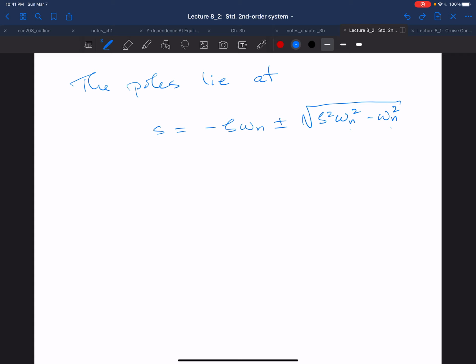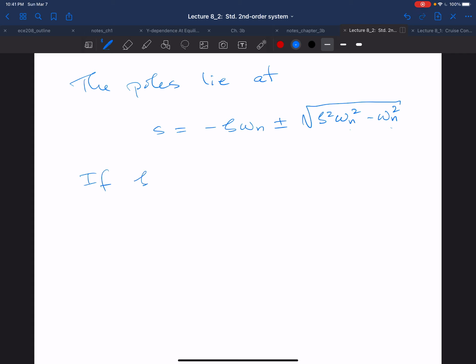Now, the question that arises immediately is, do we have real poles or actually complex poles with non-zero imaginary parts? That's obviously going to depend on the sign of the term under the square root, the discriminant, if you like. So in this case, it's going to depend on the value of zeta.